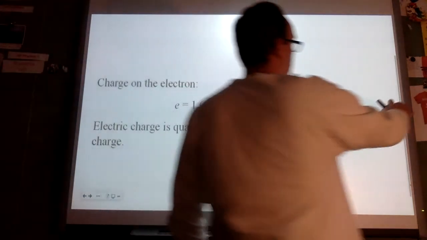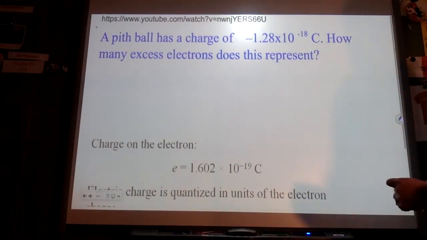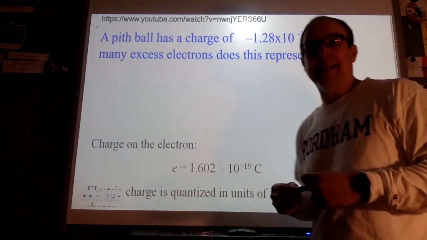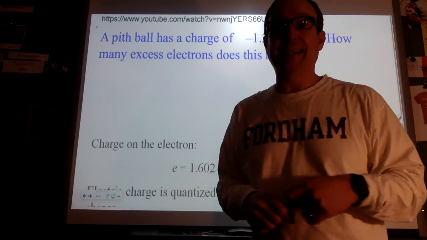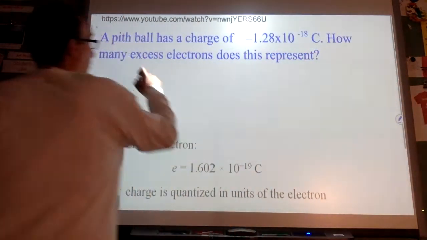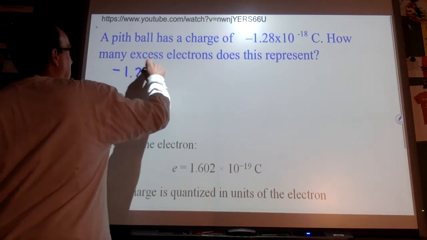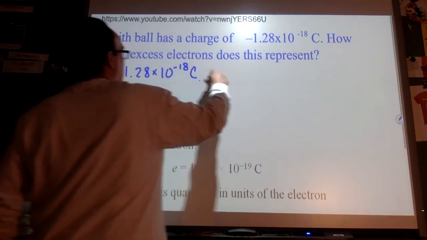All right, so a pith ball has a charge of negative 1.28 times 10 to the negative 18th coulombs. How many excess electrons does this represent? So I'm going to write this down, and it is a matter of conversion.